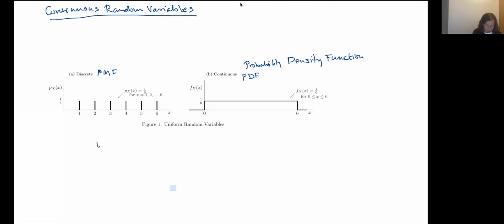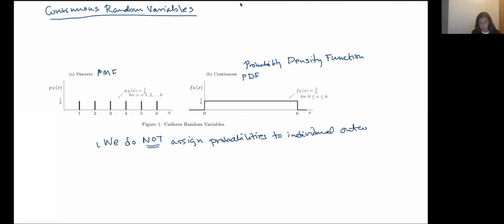One is, we do not assign probabilities to individual outcomes for continuous random variables.